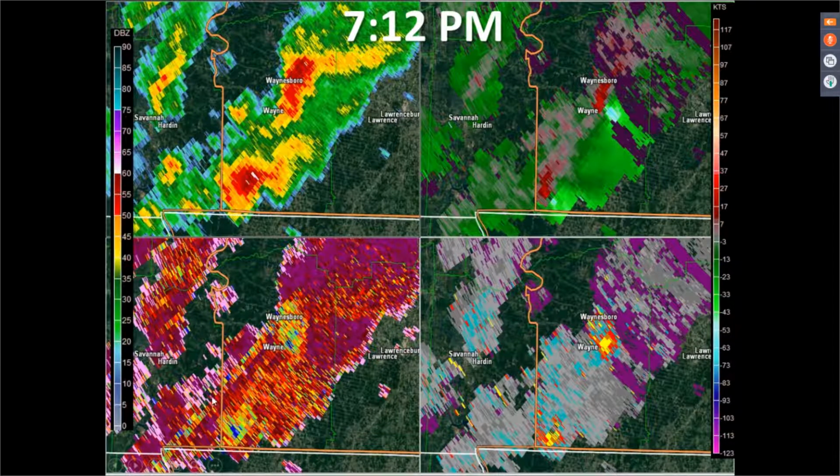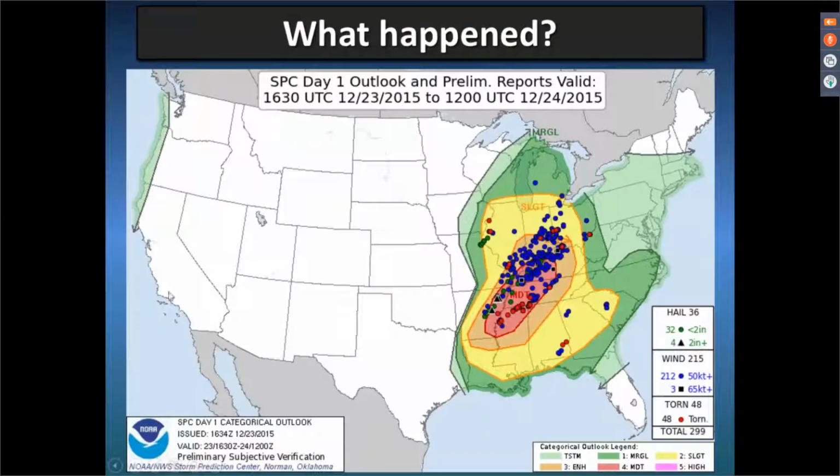And I also want to mention there's another storm there in far southwest Wayne County that also has some rotation, and it's also got an area there of low CC with those dark blues. So looks like we have another tornado in progress also there in far southwest Wayne County. But I really want to focus on this storm right by Waynesboro.